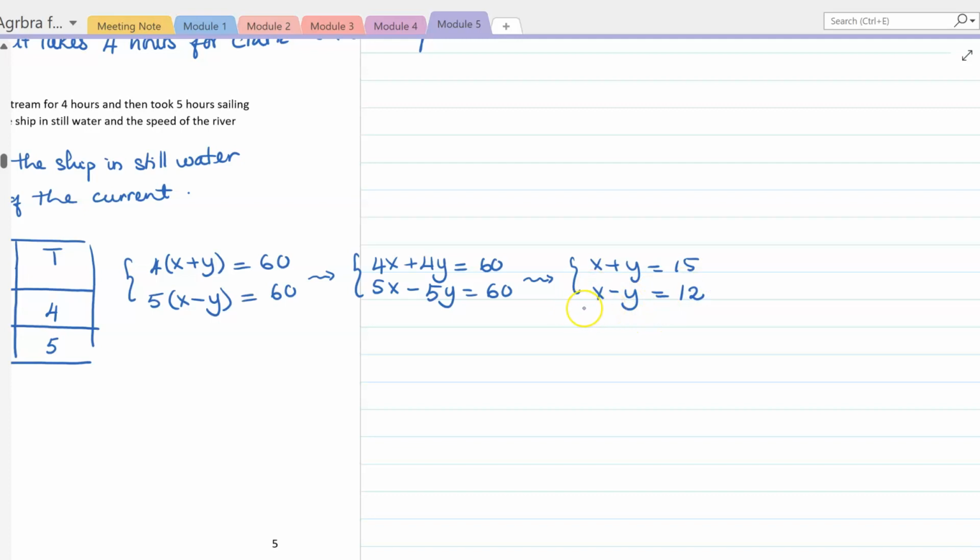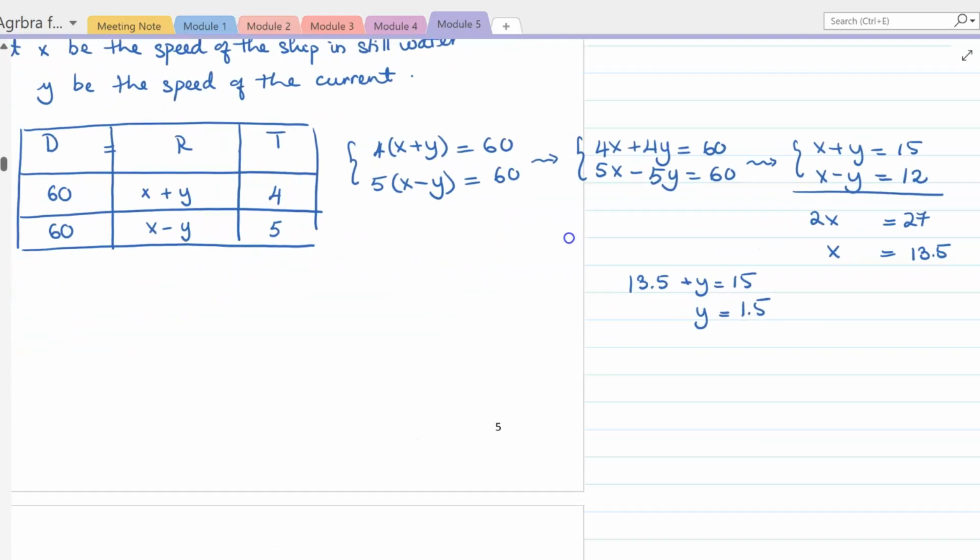And I solve this using elimination. I'll go ahead and add this together. So the speed of the boat is 13.5. Let's go ahead and solve for the speed of the current. So I know that 13.5 plus y equals 15. So y equals 1.5.